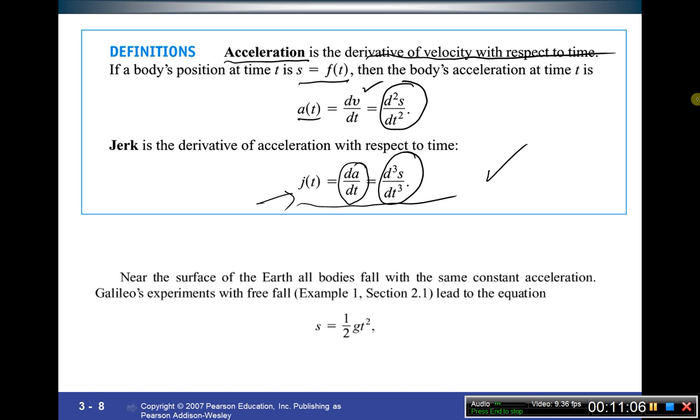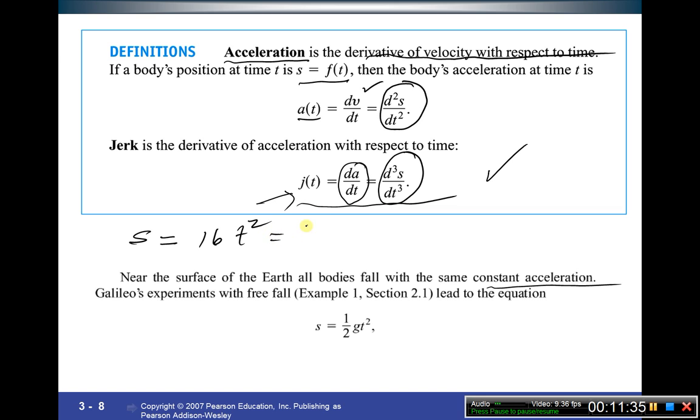Now, as we've already talked about, near the surface of the Earth, all bodies fall with the same constant acceleration. This came from Galileo's experiment, and you notice we've already talked about the position of an object on Earth being given by 16 t squared.